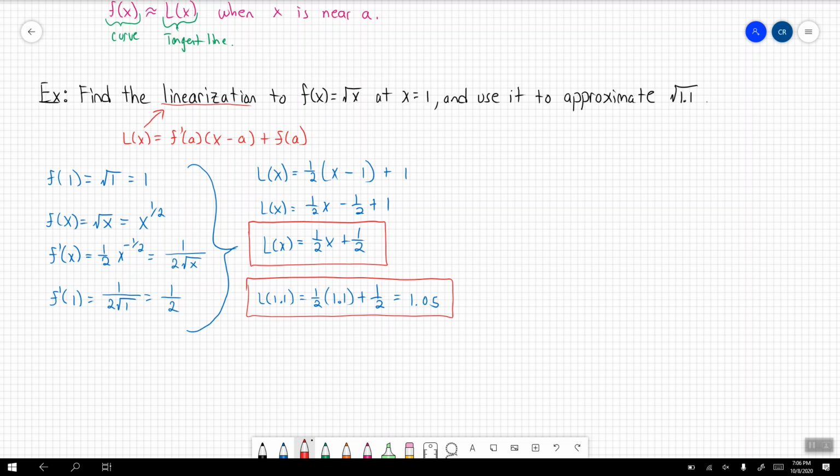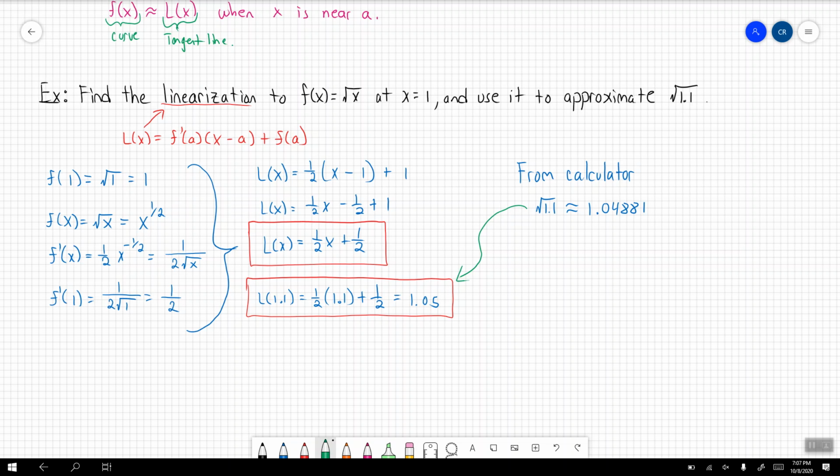Just for fun, let's see what we get from the calculator. From the calculator, square root of 1.1 is approximately 1.0481, which means, is our linearization a good approximation?